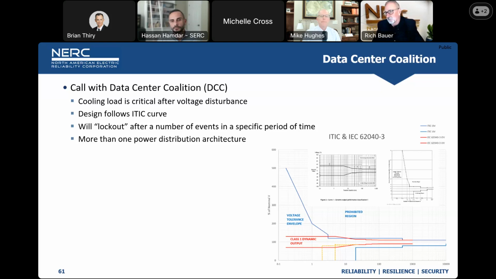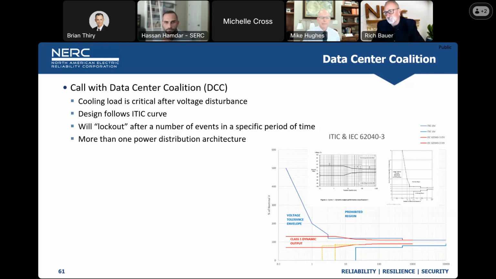What we've encouraged, and we mentioned this in the report that Hassan mentioned to you also, is that transmission entities and balancing authorities ensure that you have in your interconnection agreements with these very large loads a controlled plan on how to reconnect load after it leaves the system, because you have to reconnect that load in a controlled manner so that the balancing authority can ramp generation up appropriately to match the load ramp up.